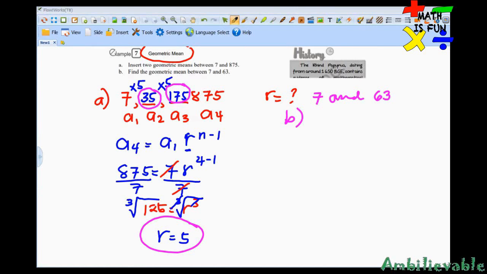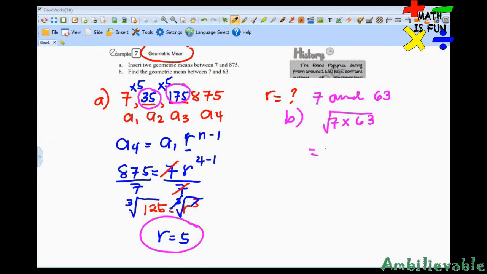Just multiply the first and the second, and then get the square root. So the formula is 7 times 63 and then the square root.